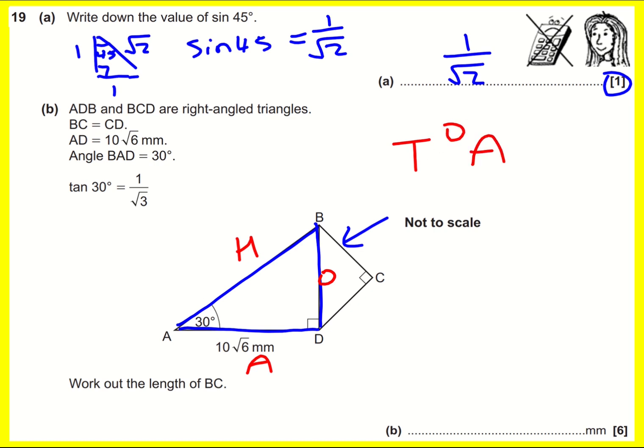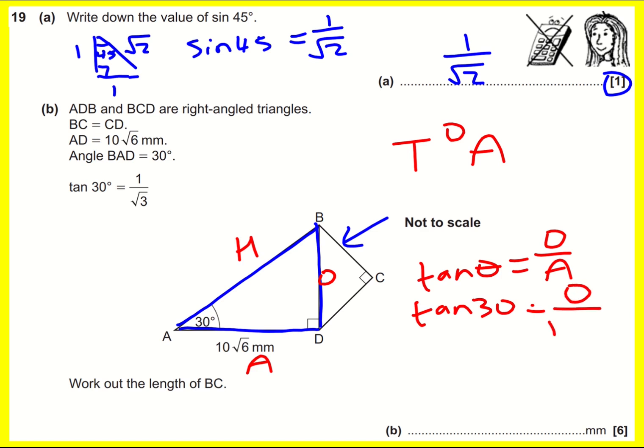So I can write down that tan theta is O over A, that's the general formula. In this case, tan 30 is going to be the opposite, I'll call it capital O still, divided by 10 root 6.